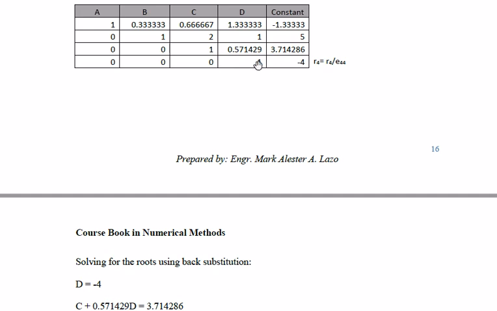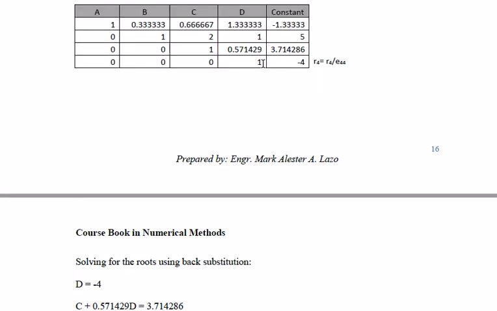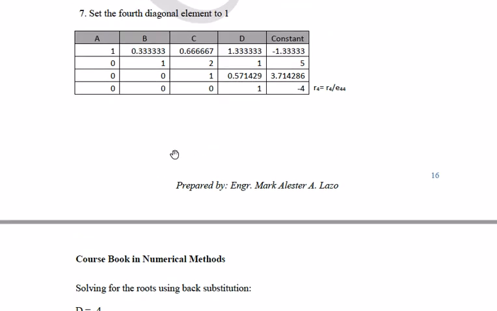Now since we already have the value of D, we can substitute it into this equation. As you can see, the equation is 1C plus 0.5714D is equal to 3.714286, since this is the constant.